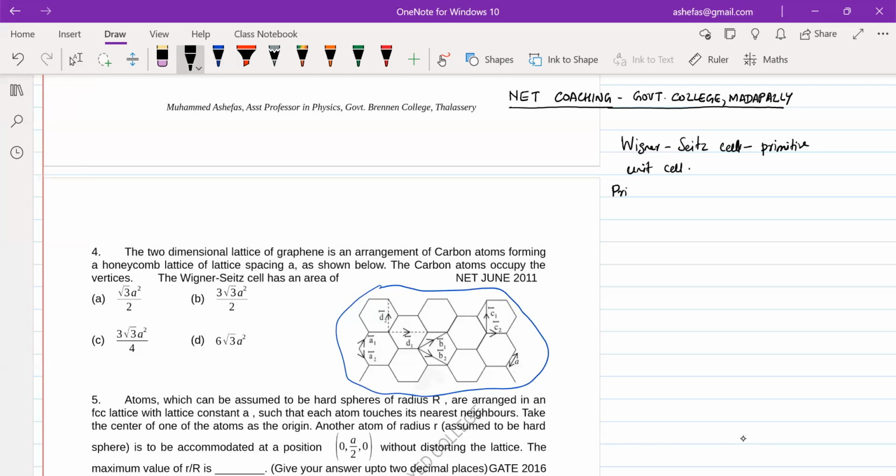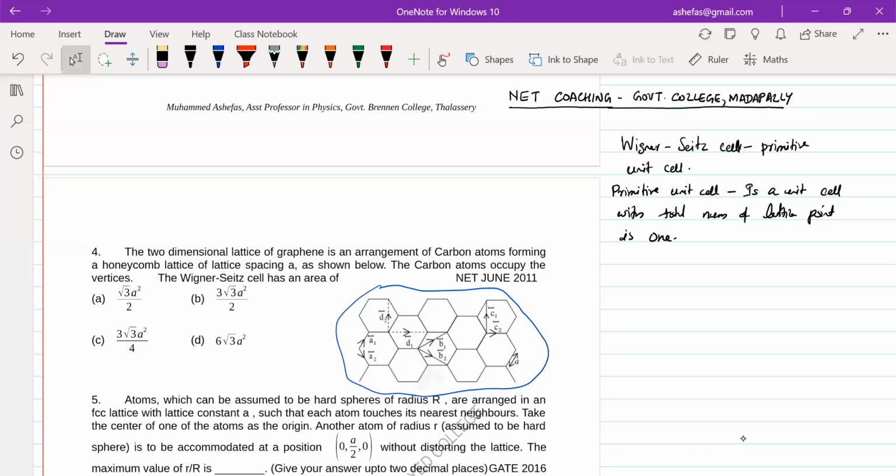A primitive unit cell is a unit cell with total number of lattice points equal to 1.